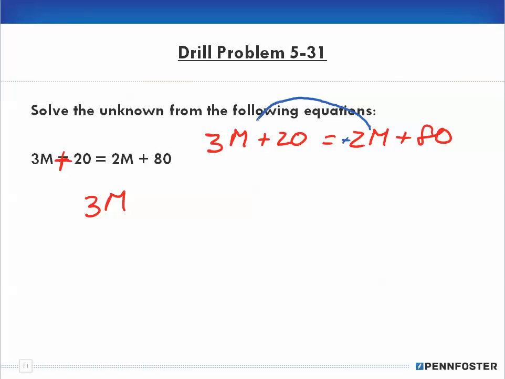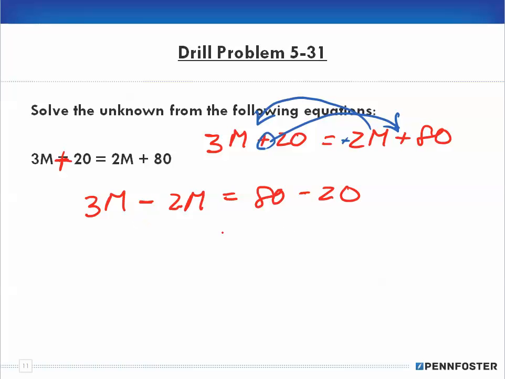And when I move it to the other side of the equal sign, I change the sign to a minus 2m. That's equal to, and what's on my right is an 80. And since this here is a plus 20, when I move it onto the other side of the equal sign, that's going to become a minus 20.